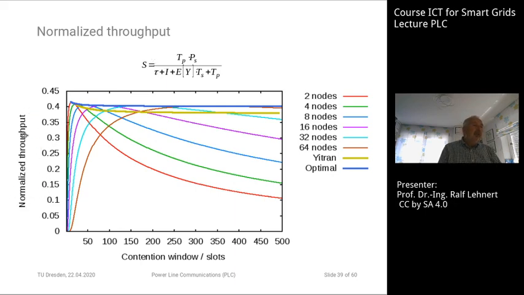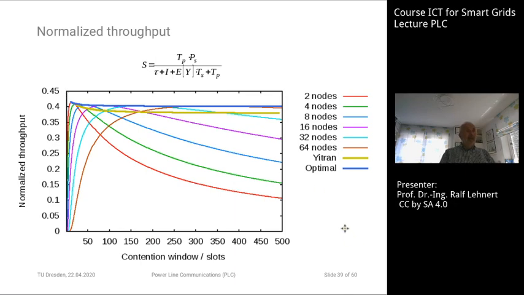The normalized throughput, so if the channel has a bandwidth of 1, the normalized throughput of this CSMA system, the optimal, ideal one would be that we have the maximum value, which is slightly above 40%, 42 or something, would be this behavior, a step function.